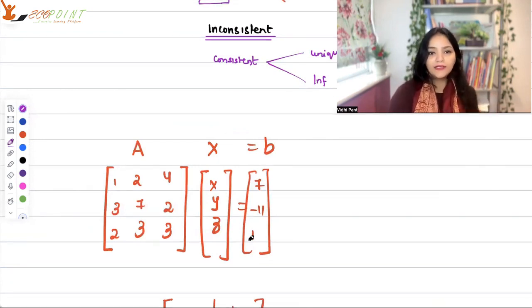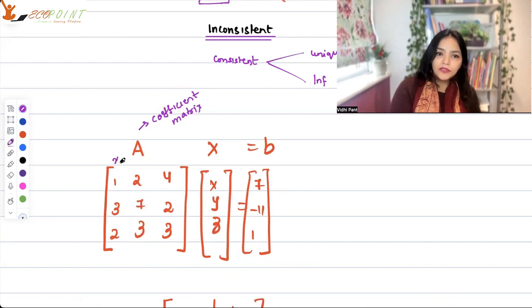Now, A is your coefficient matrix. In a coefficient matrix, the first column contains all the coefficients of x. The second column has all the coefficients of y. The third column has all the coefficients of z.